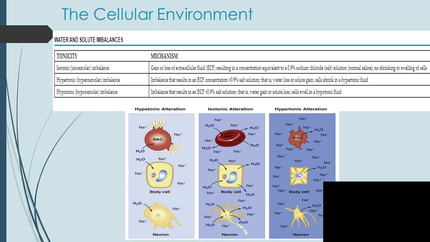In hypotonic, the body cell is filling up because there's so much solution on the outside that it's going down the osmosis gradient and filling the body cell. In the hypertonic solution, fluid is leaving the cell because there's more solute on the outside, and therefore that type of environment needs more fluid.